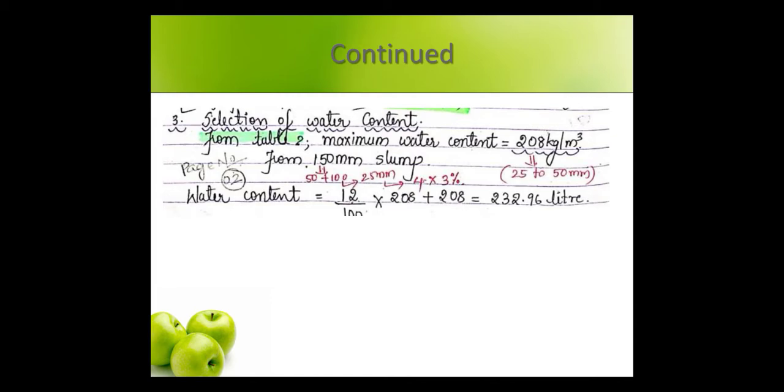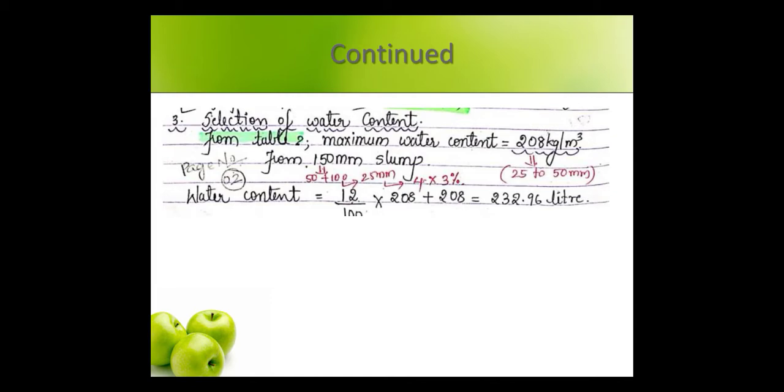So for 150 mm slump, for 50 it is already 208. For 150, the remaining 100 we need to add 3%. So we split it as 25 mm, 25 mm, 25 mm, 25 mm.